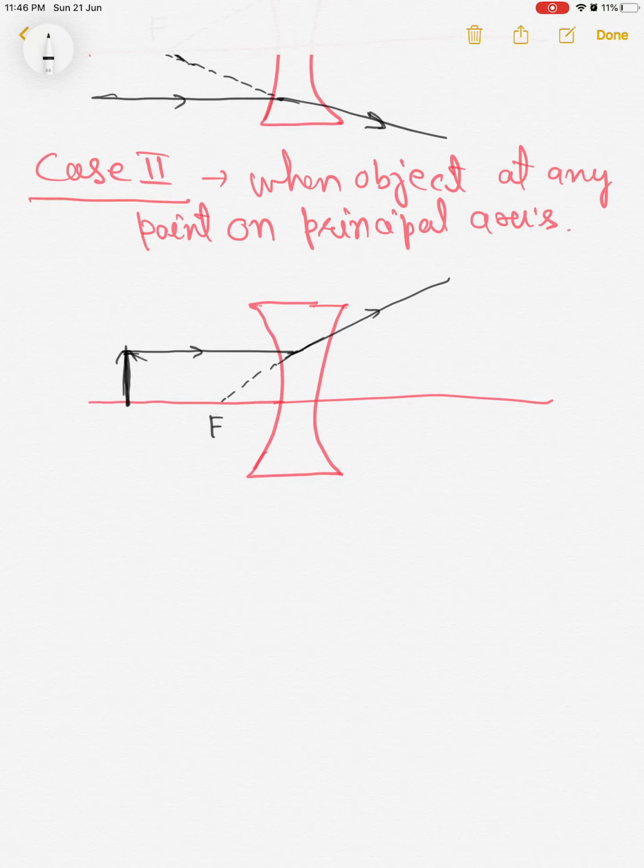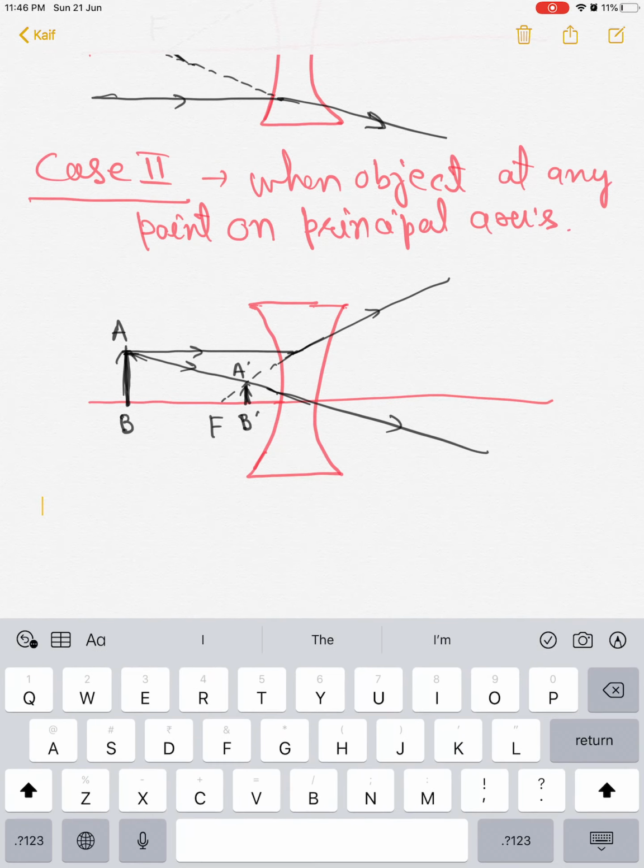Another ray will pass through the optical center. When the ray passes through the optical center, it will not deviate. Where these two rays intersect, there the image will form. If the name of the object is AB, we will give the name of the image as A dash, B dash.